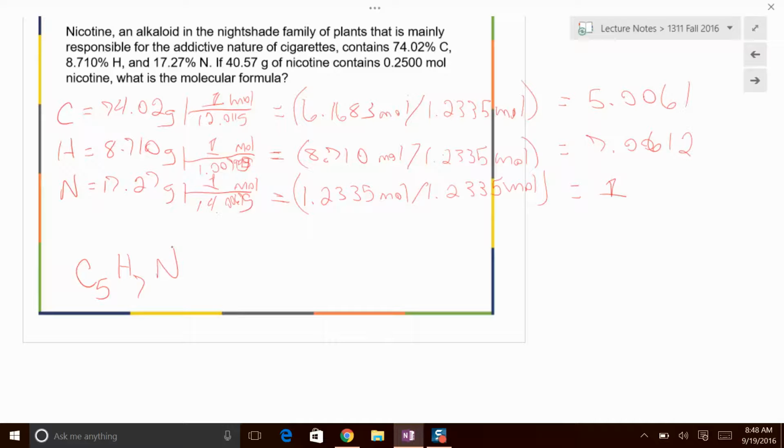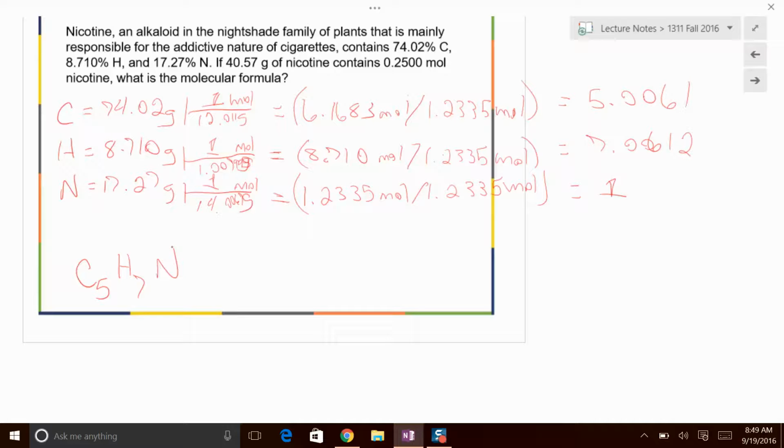So for phosphorus, for example, it's 30.97376 grams per mole. Now they didn't tell me the actual mass of this thing. They just said you had 40.57 grams of it. They didn't tell me the molecular mass though. So I need to find the grams per mole. That will be my molecular mass.